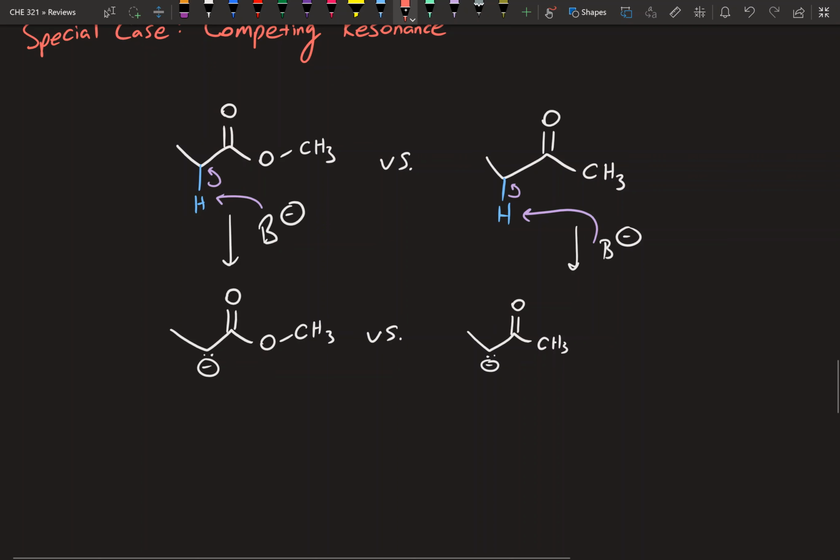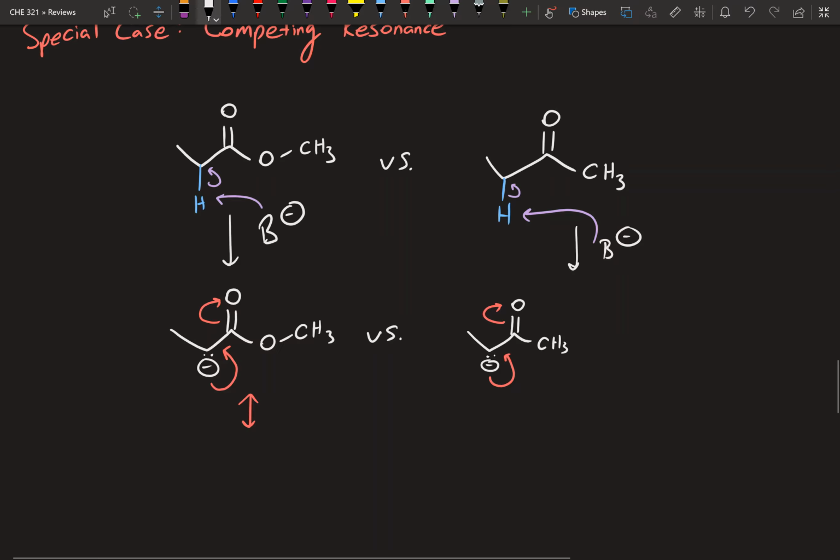So on the left-hand side, we can draw this negative charge, forming a bond there, and that double bond is going to have to come up. Same for that one. So let's draw the resonance structures, actually.